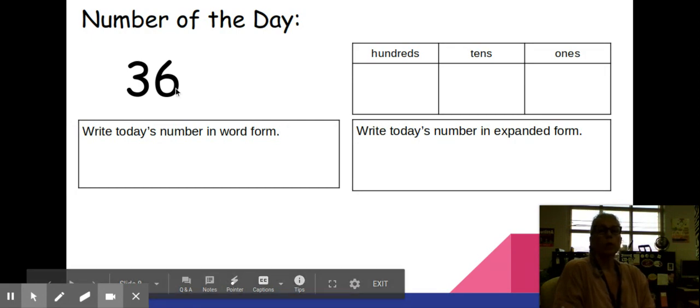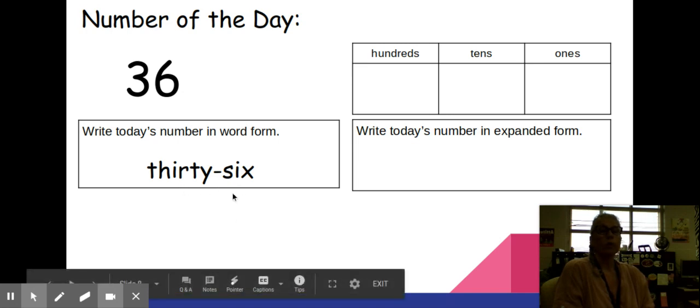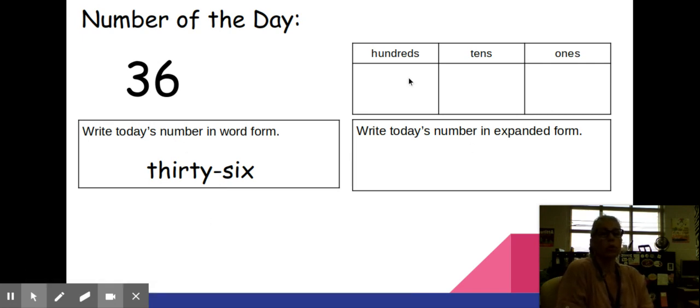So when we're going to write these in number form, we have 36, the word thirty-six, 36. Now we need to fill in our ones, tens, hundreds chart. It is easiest to work from the ones column on the far right hand of the number.